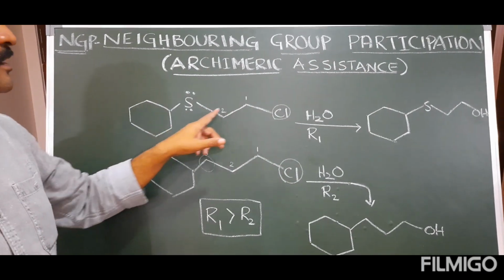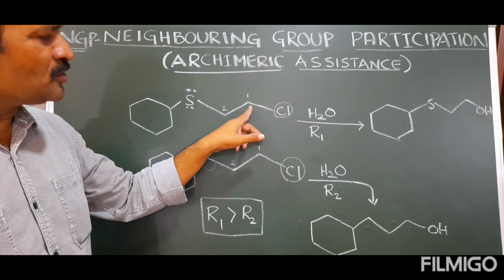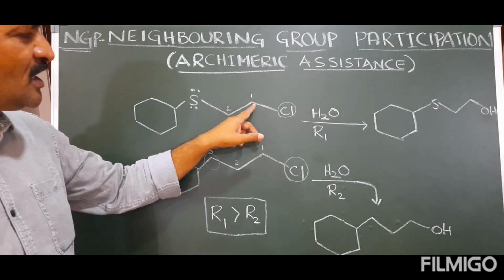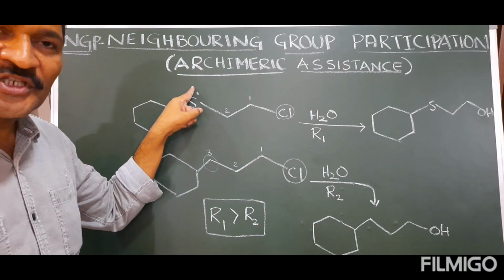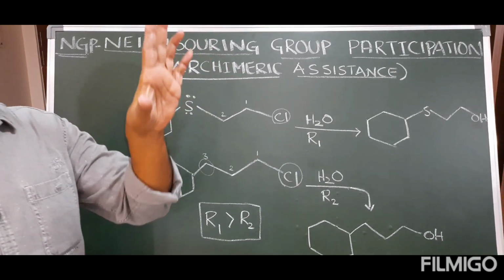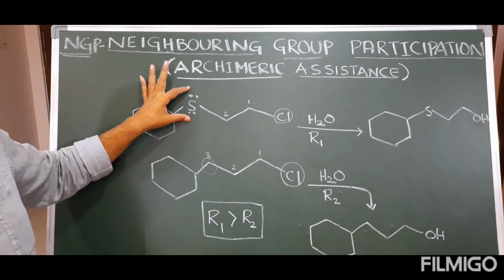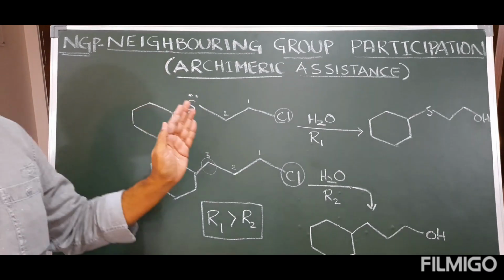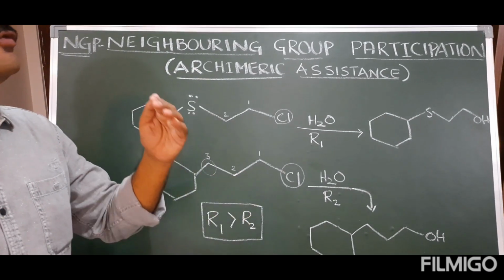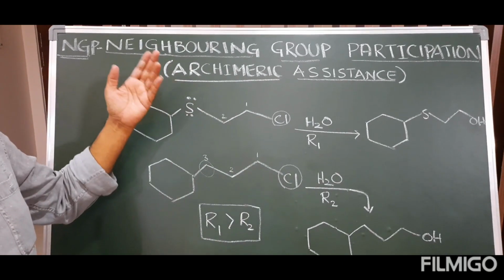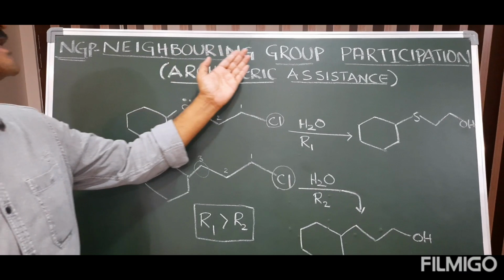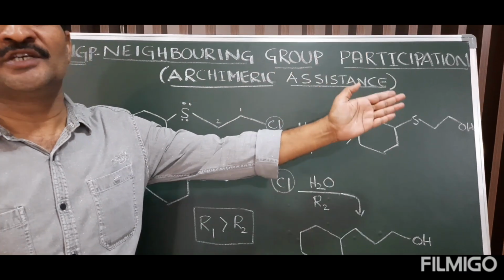This is the point. From the leaving group you have to count 1, 2, 3. At the third position or the fifth position, groups having a lone pair or multiple bond will show their influence on the leaving group. That reaction can be considered neighboring group participation.